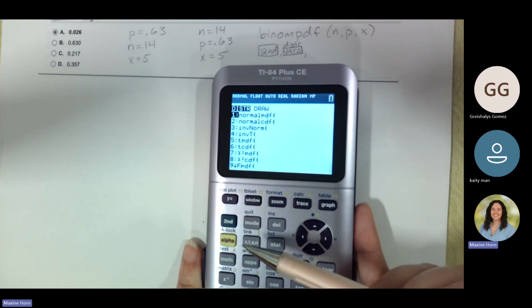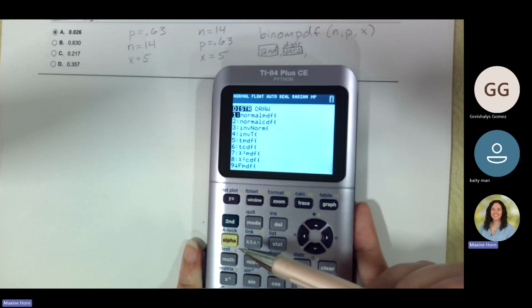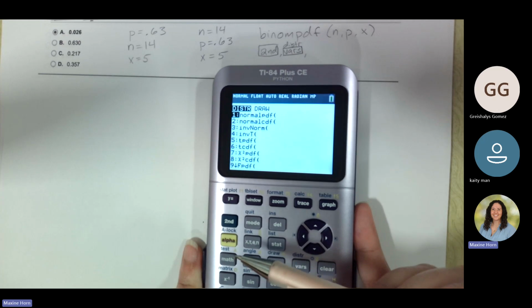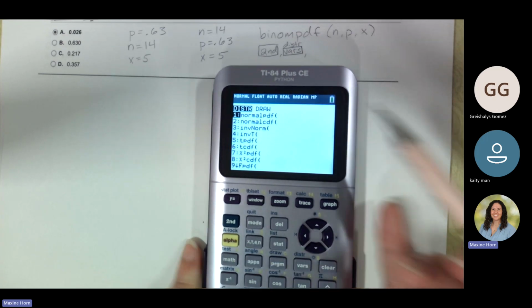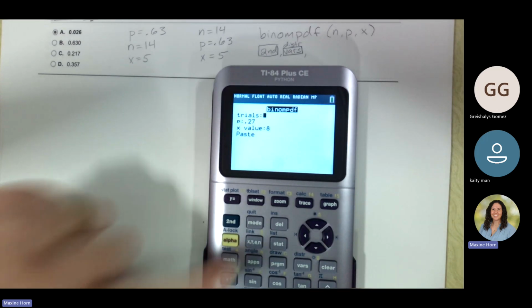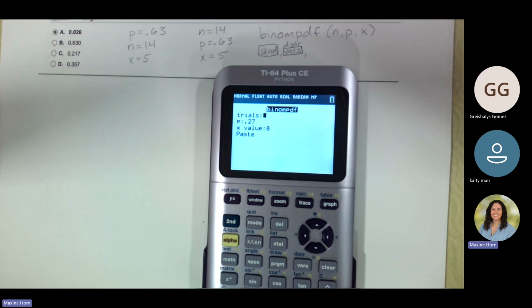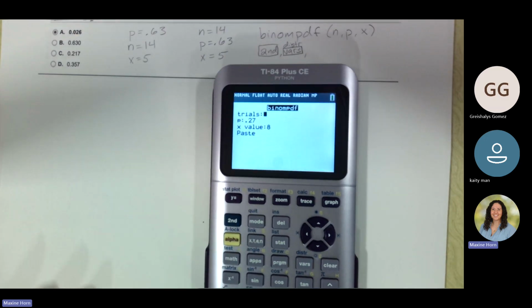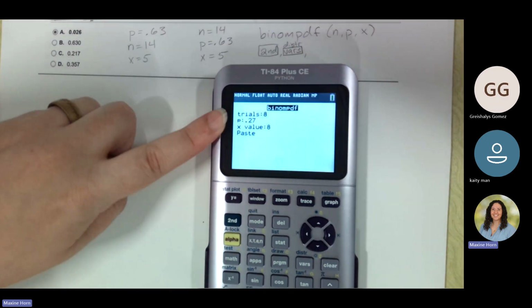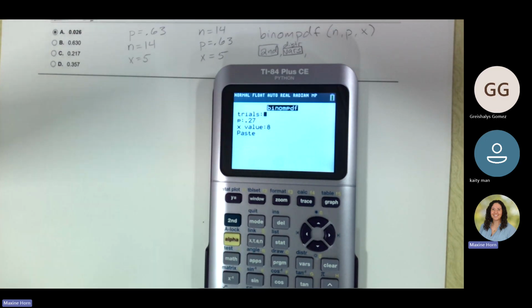I'm going to select A for alpha by hitting alpha math, because A is directly above my math button. So I'm going to hit alpha math and it puts me directly into the Binom PDF menu. Now, if you have a nice pretty calculator like mine, this fancy updated one, nice and purple, it's going to prompt you with what you're supposed to be plugging in here.